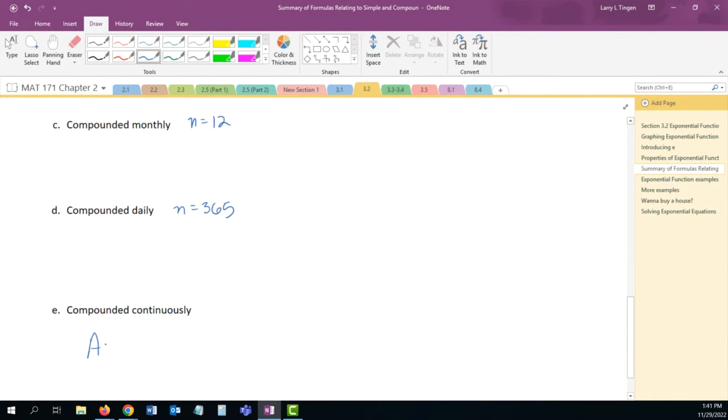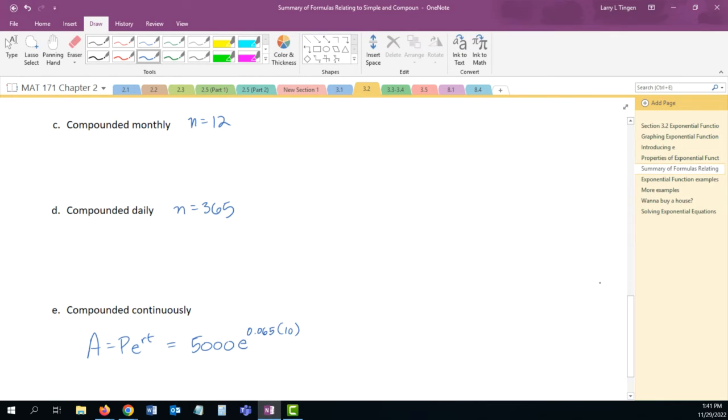Compounded continuously is where we use the continuous compounding formula. For this problem, $5,000 times e raised to the rate 0.65 times time, which is 10.